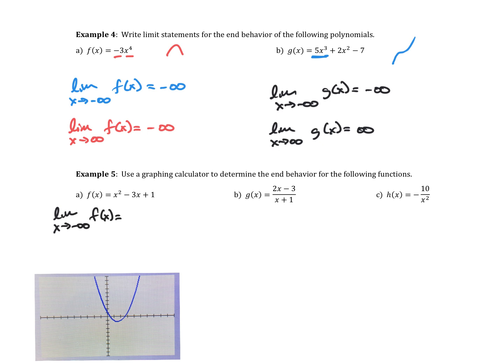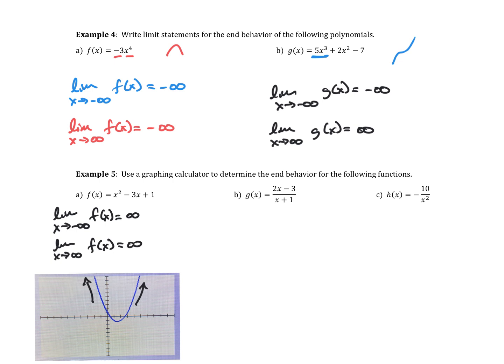So as I move left, what is my function doing? It's increasing. So we're going to call that what? Positive infinity. And then I'm going to do a right-hand behavior. And so now I do a limit as x approaches infinity. And so as I move right, what is it doing? It's also increasing without bound, and so we're going to call that positive infinity.